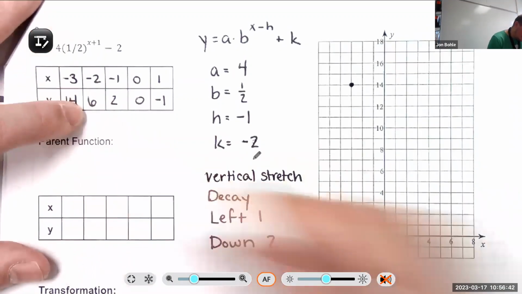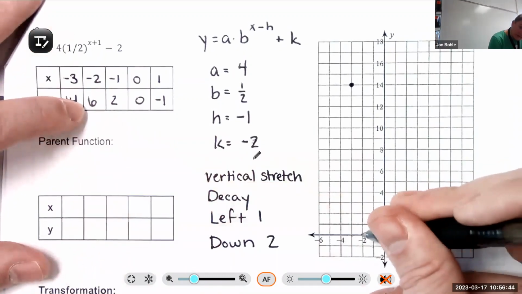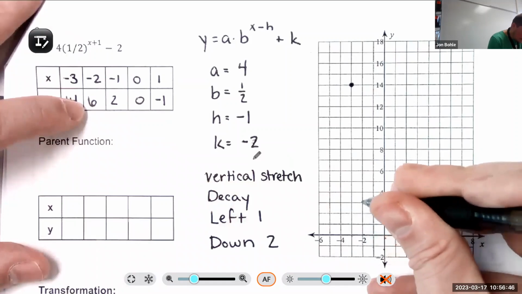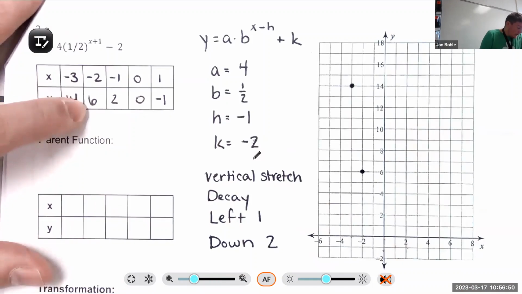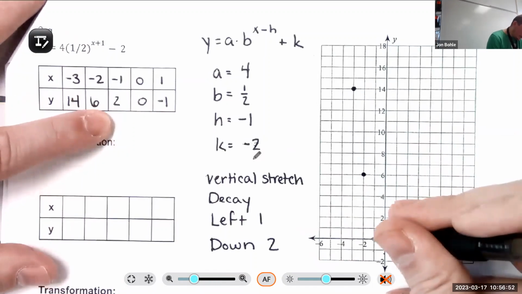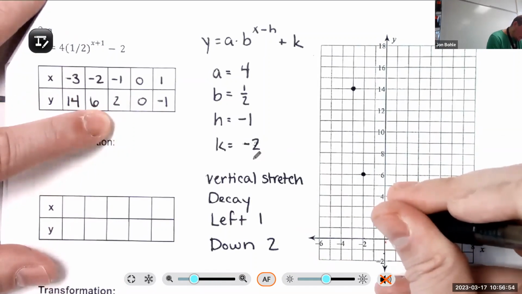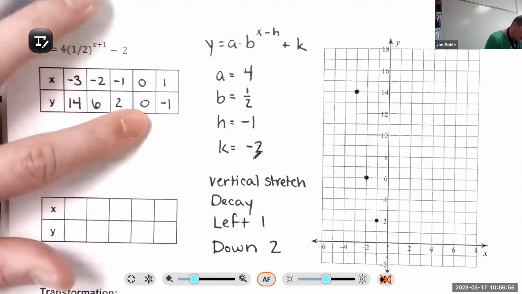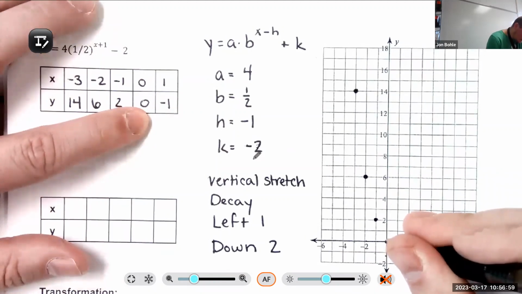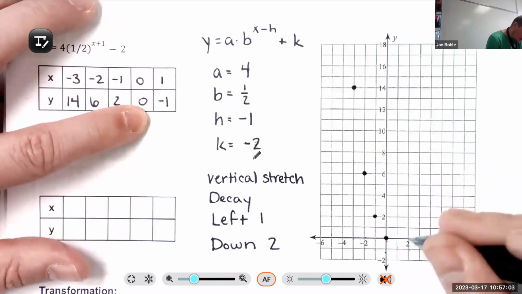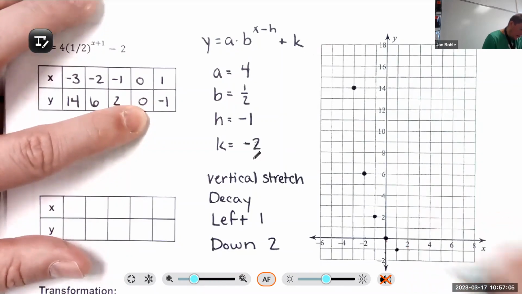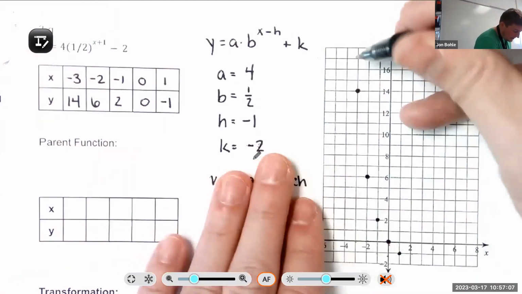X is -2, Y is +6. X is -1, Y is 1. X is 0, Y is 0. X is 1, Y is -1. Okay, and so then that's about all I need.